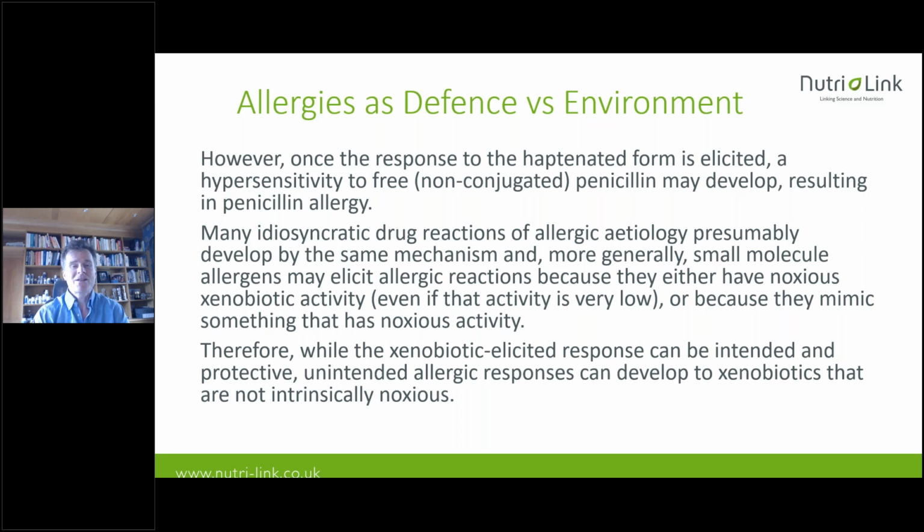So it's the metabolism of something into something else that leads to reactivity, and it seems that most idiosyncratic drug reactions of an allergic etiology, of course they're testing for these genetically now in the States in particular, are basically, they think, the same mechanism. It's the way that the drug is metabolized into something that then becomes a haptenated form. And the haptenated form then elicits the immune response.